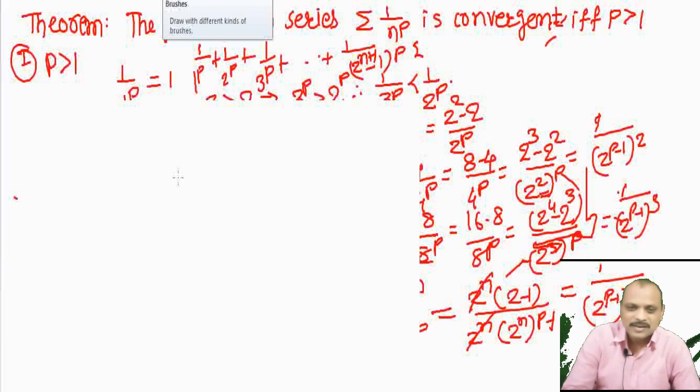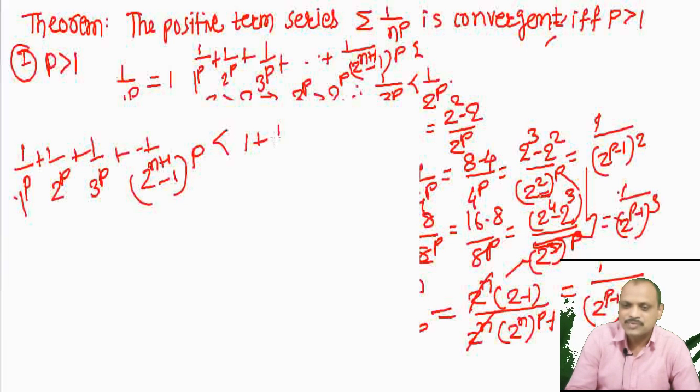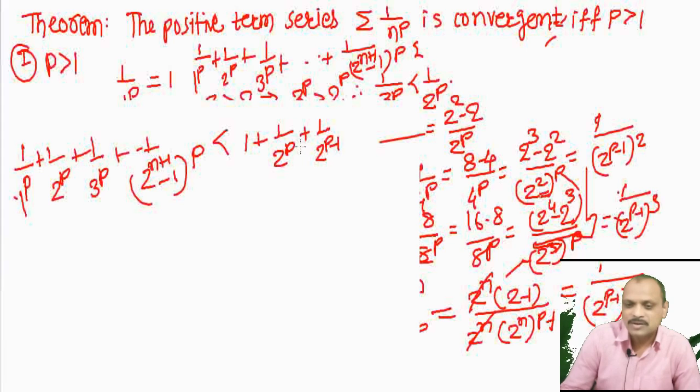I am going to once again write here 1 divided by 1 raised to p plus 1 divided by 2 raised to p plus 1 divided by 3 raised to p plus 2 raised to n plus 1 minus 1 whole raised to p is less than 1 plus 1 divided by 2 raised to p plus 1 divided by 2 raised to p minus 1, 2 raised to p minus 1, and here we get (2 raised to p minus 1) whole square plus 1 divided by (2 raised to p minus 1) whole raised to n.